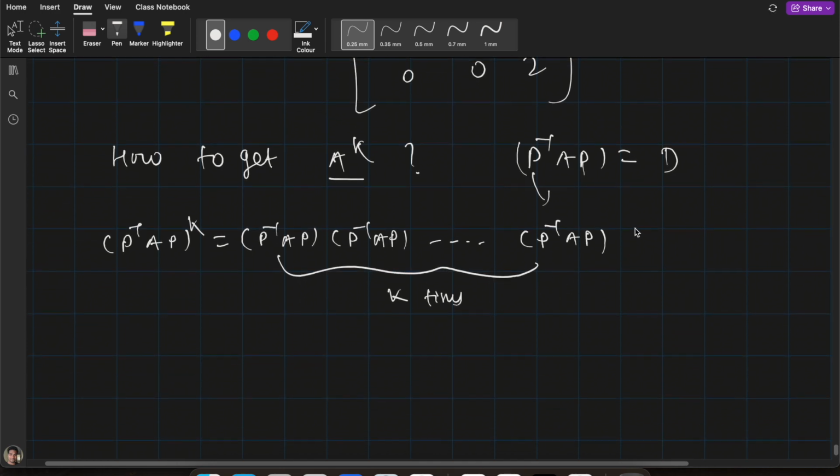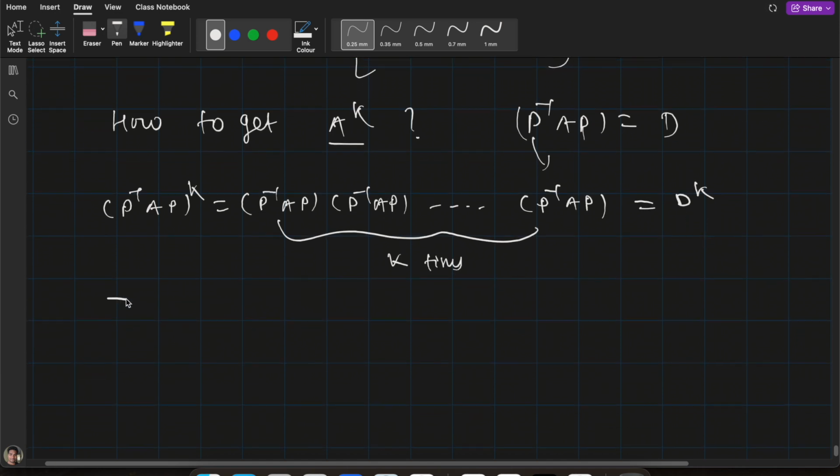This is nothing but D raised to the power k, because if P inverse AP equal to D and you raise it to the power k, it becomes D raised to the power k. Now that is nothing but P inverse A P, P inverse A P, P inverse A P, so the middle P P inverse cancel, and it will become P inverse A raised to the k times P, which is D raised to the power k.